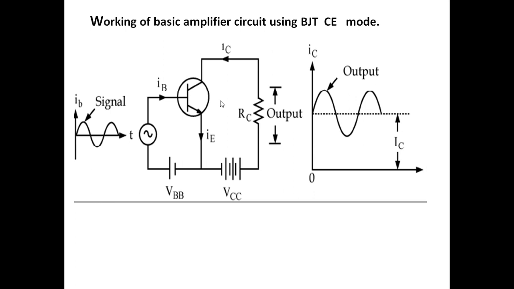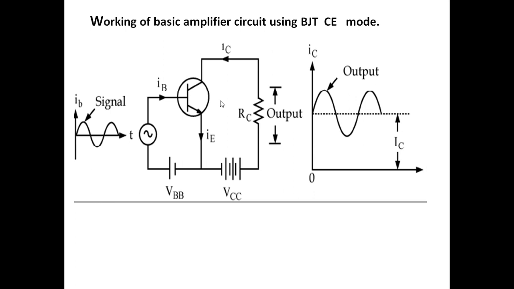Generally, when the transistor is used as an amplifier, it is operated in the active region only. This means the input junction, that is the emitter junction, should always be in forward bias, whereas the output junction, that is the collector junction, should always be in reverse bias.